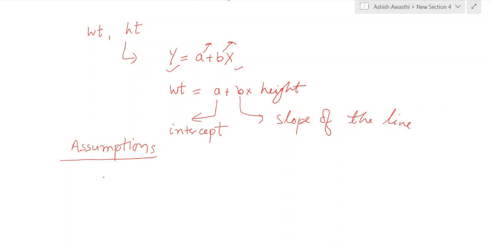The first and most important assumption is of Gaussian distribution. Both variables x and y, or weight and height, should follow Gaussian distribution. So I am mentioning here that the predictor as well as the response variable should follow Gaussian distribution.